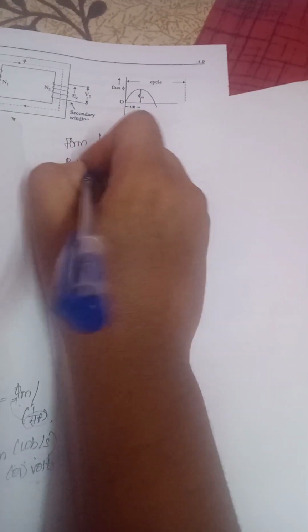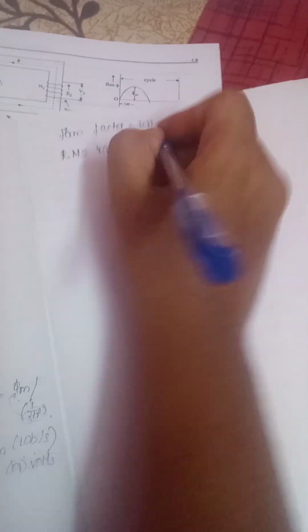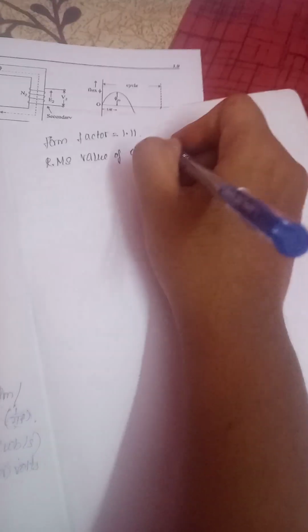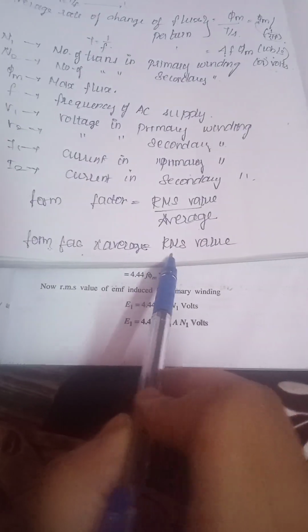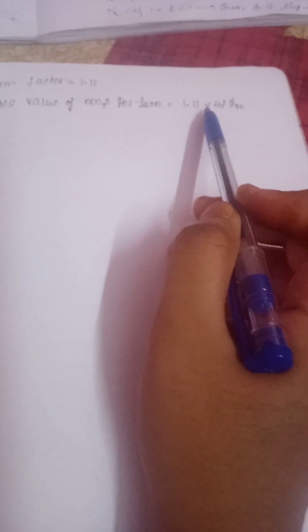So the RMS value of the EMF per turn is 1.11 into 4f phi m. According to the formula, form factor into average is equal to RMS value, so the RMS value is equal to form factor 1.11 into the average EMF, which we found here as 4f phi m Weber per second. That is what I noted here.